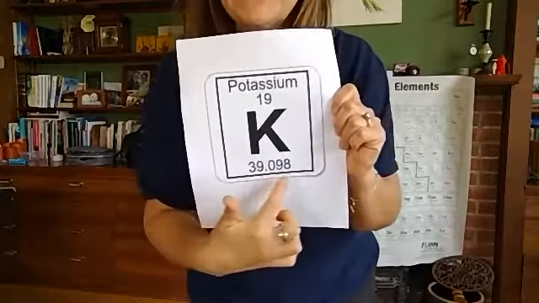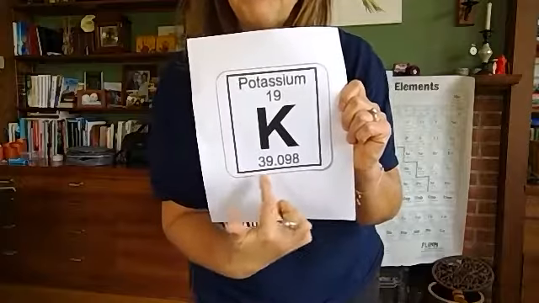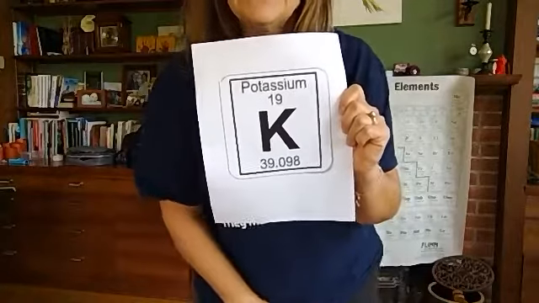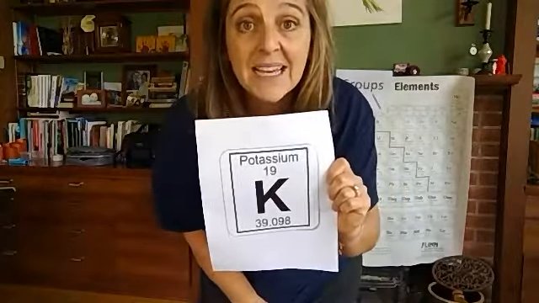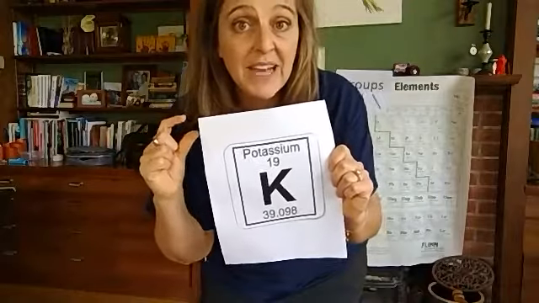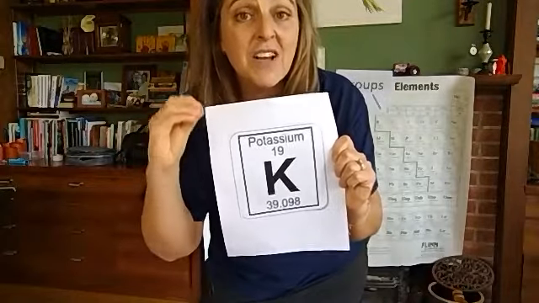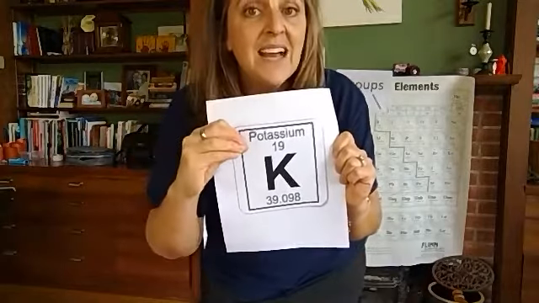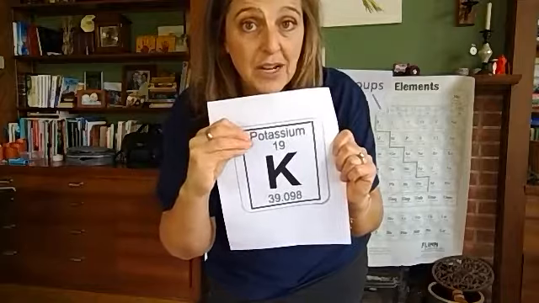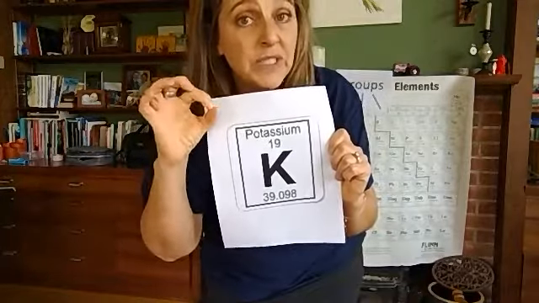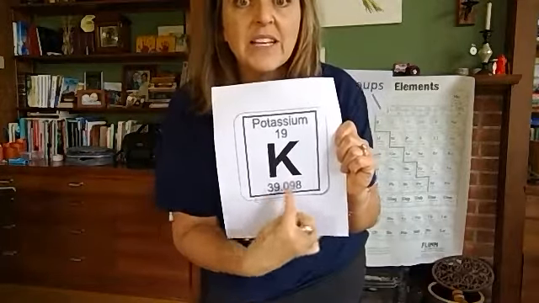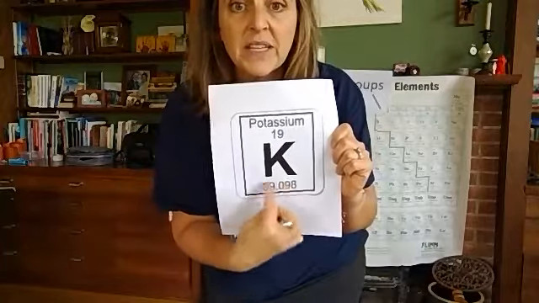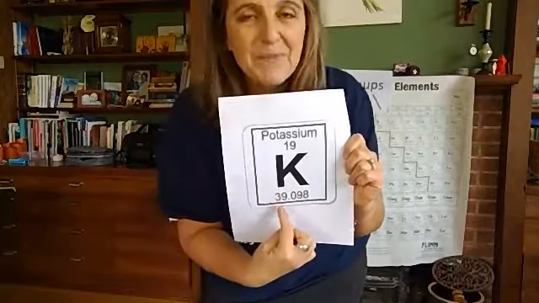And then the number down below that, at the bottom of the tiles, is the atomic mass. If you remember from last week's PhET exercise, the mass of an atom comes from adding the protons and the neutrally charged neutrons. So whatever's in the nucleus of the atom is what gives us the atomic mass.